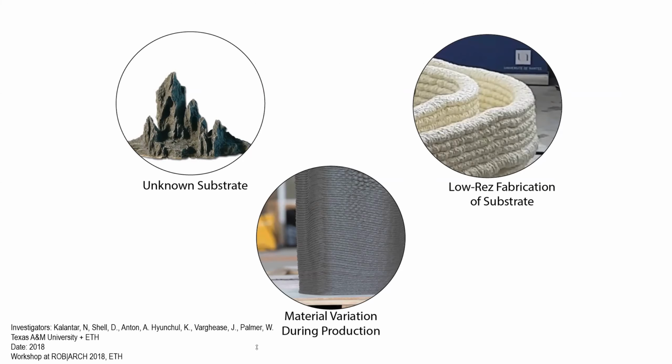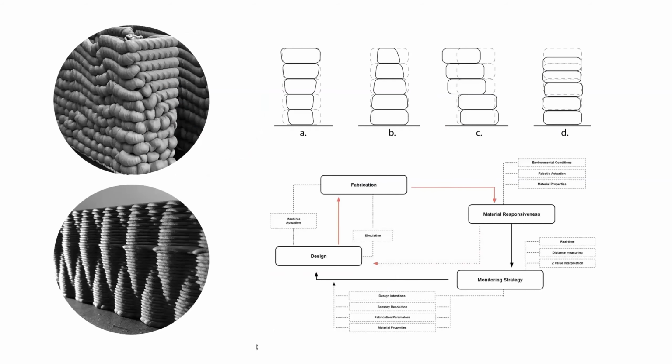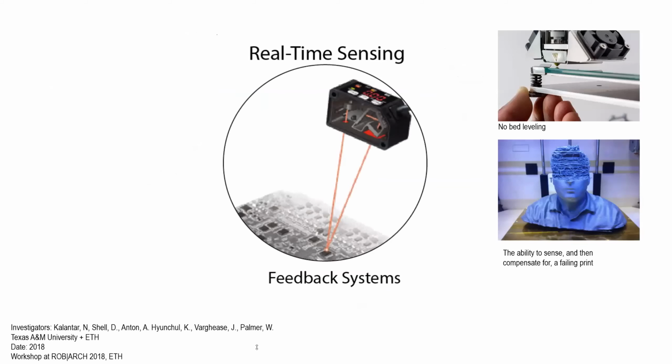We were working with the ETH group and a few people from Texas A&M on how we can have vision and sensors on the head of the robot. We were checking the z-axis of the robot to see if there is any failure or shrinkage in a previous layer, and how we can compensate for it in the upper layer.